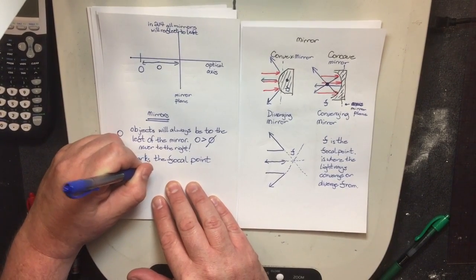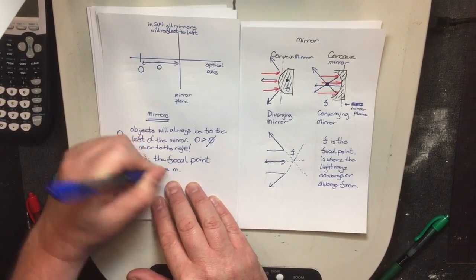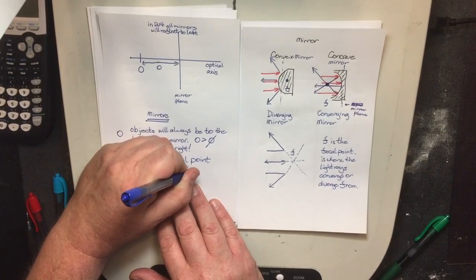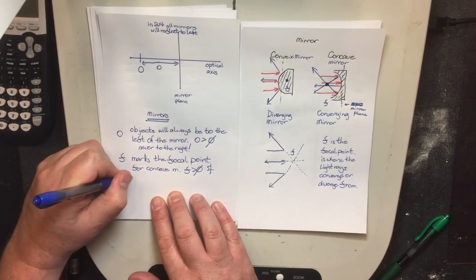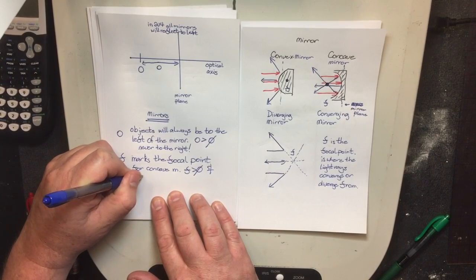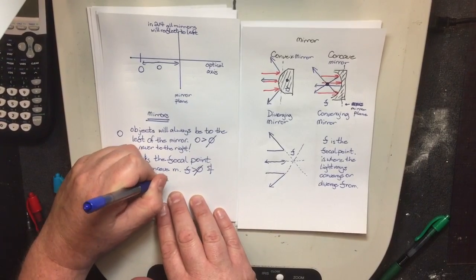For concave mirrors, the focal point is greater than 0 and to the left of the mirror.